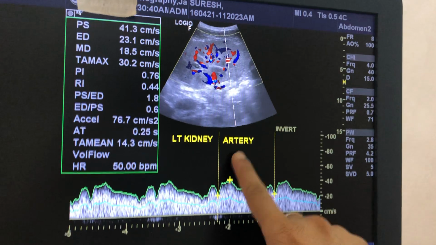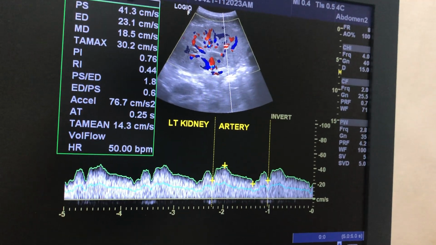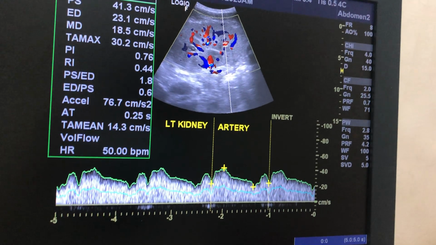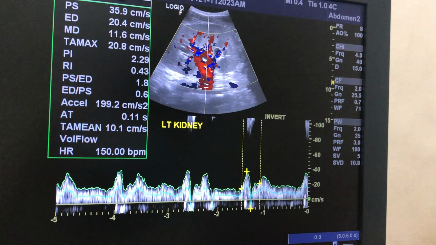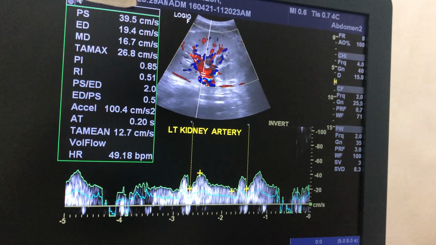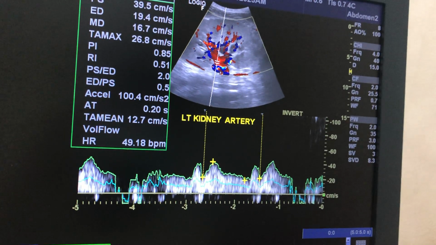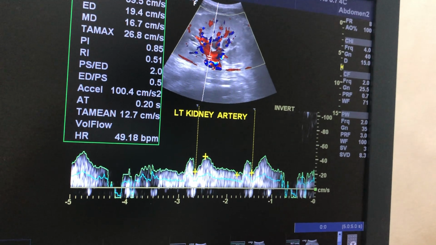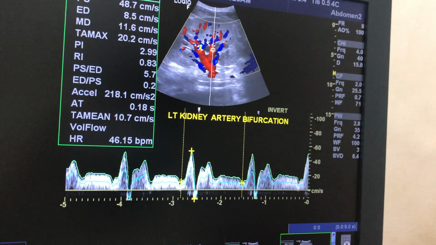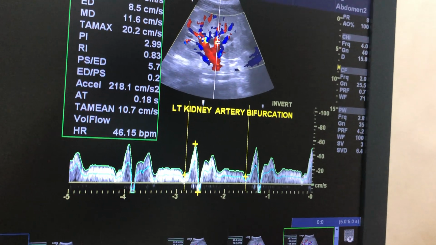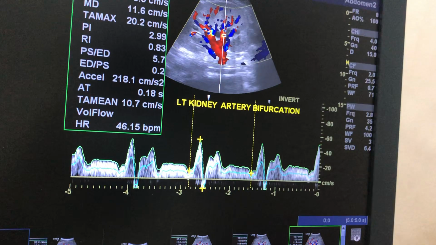This is not artery, this is vein. It is by mistake. It was showing pulsatile, so I thought it is artery. This is vein. This is the renal vein only. This is renal artery and vein mix.